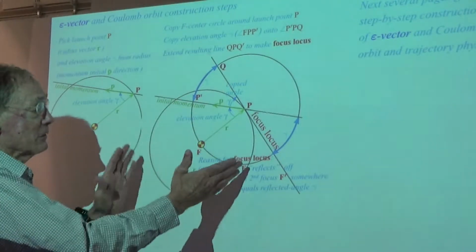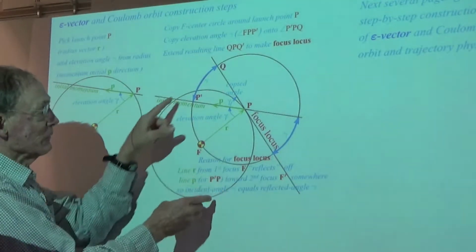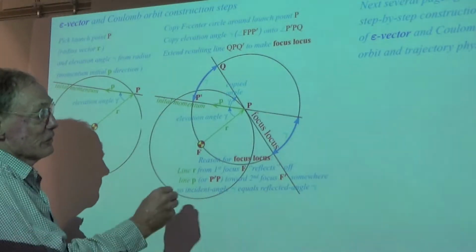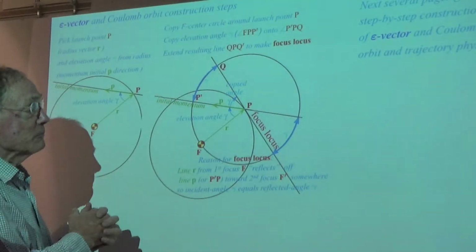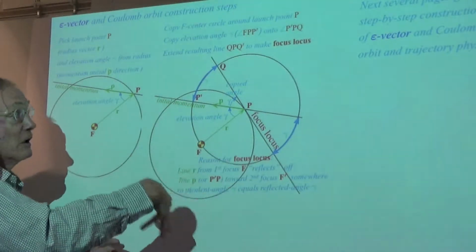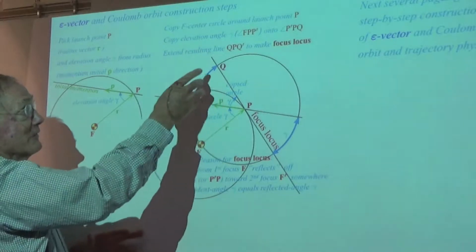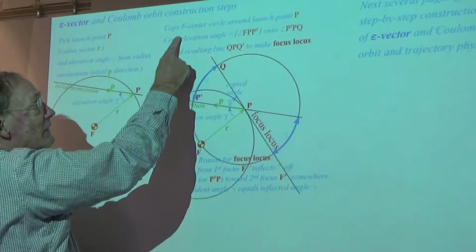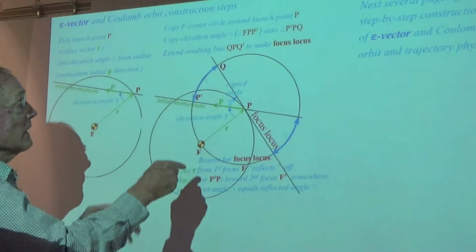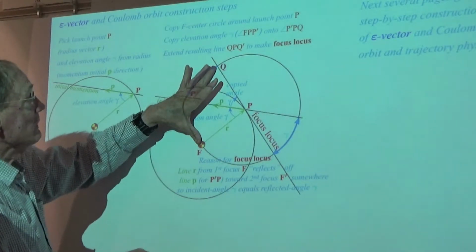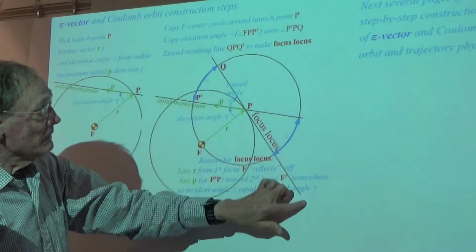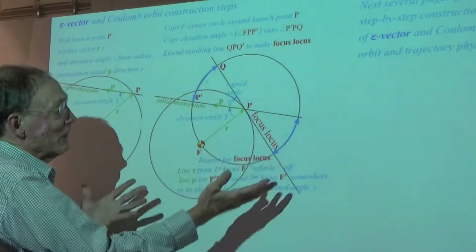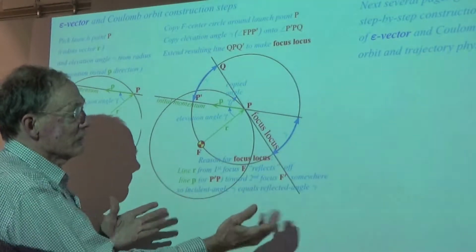And eventually what I'm going to show you is a nice piece of graph paper with a protractor conveniently stuck to another one so that you could just go in there and without having much more than a ruler do coordinate calculations. But here after doing this copying, right here we have a double angle, and you extend that line, and that is the locus of the focal points, the focus locus.